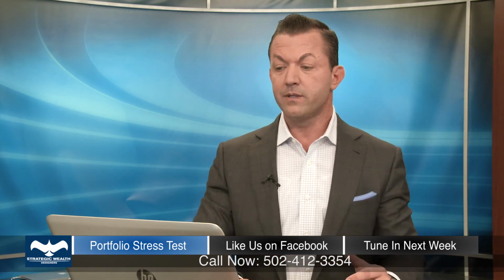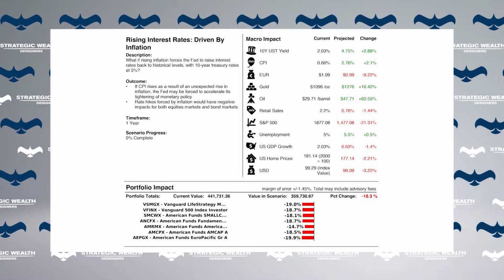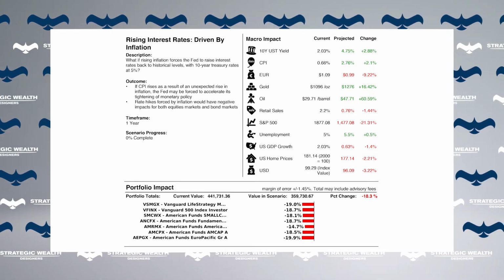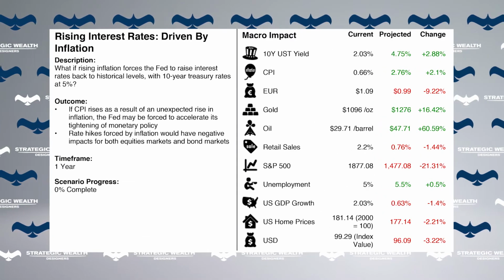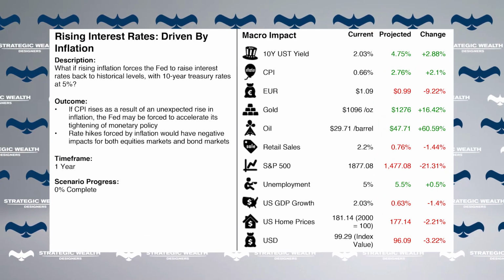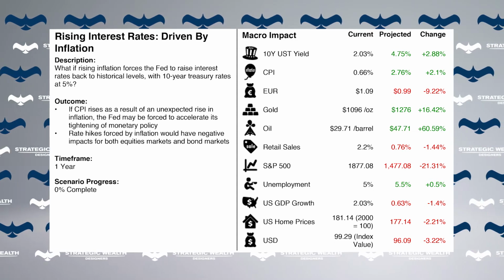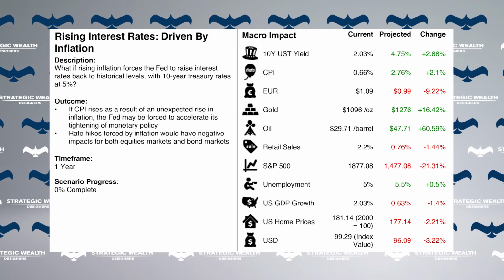So to show where we arrive at these numbers, we're going to look at the first one there, the rising interest rates driven by inflation. Now you're going to see the economic indicators there. We're showing the U.S. Treasury is projected to be at 4.75%, where it's up 2.88. You can see retail sales are going to fall by 1.44%.